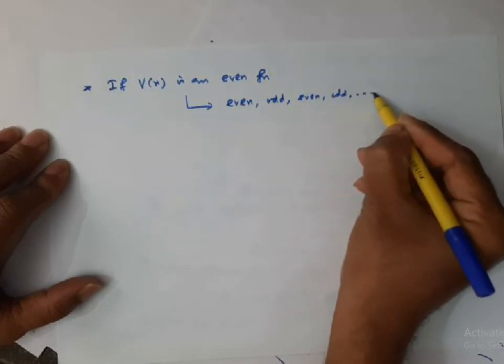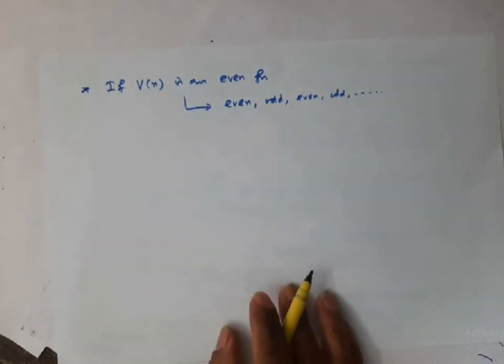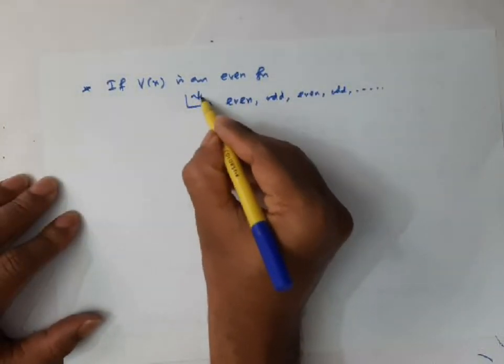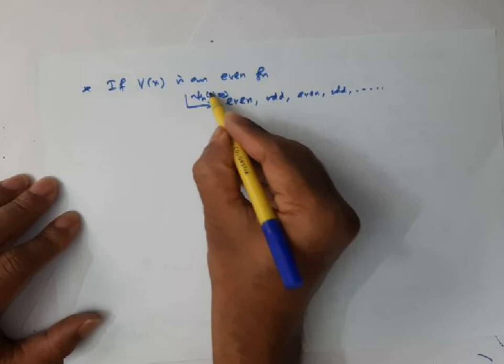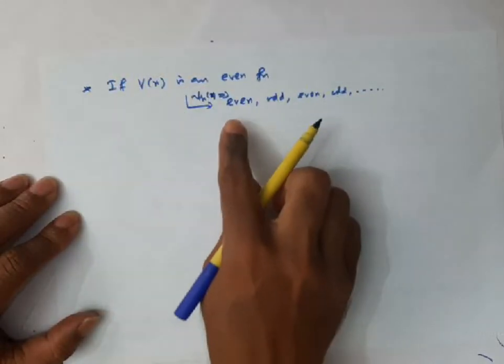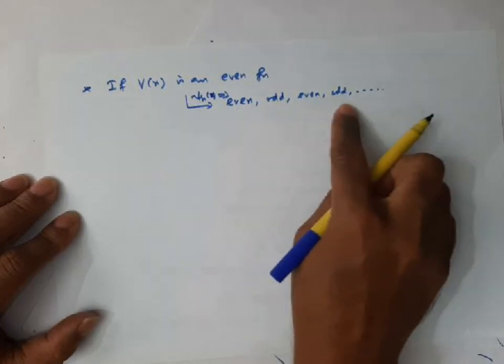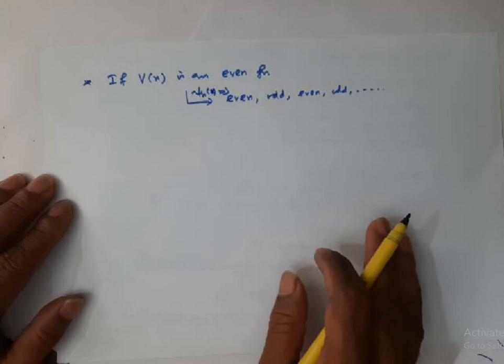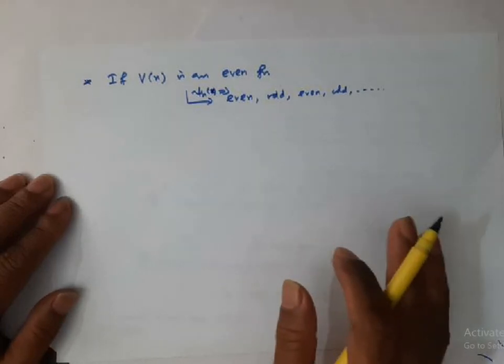The wave functions psi n of x will exist in this manner: even, odd, even, odd. This is another piece of information to keep in mind under the parity operator.